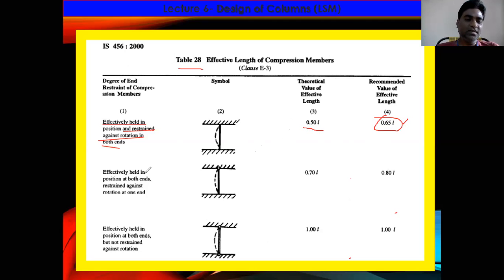Next, effectively held in position at both ends and restrained against rotation at one end. That means one end is fixed and the other end is hinged.